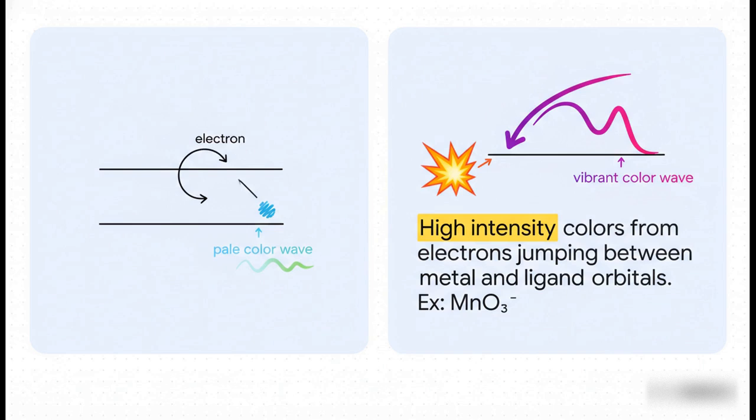But then there's charge transfer. This is a whole different ballgame. Here, an electron absorbs light and makes a massive leap, jumping from one of the surrounding molecules, a ligand, all the way onto the metal itself. This process absorbs light like crazy, and it's responsible for the super intense, vibrant colors you see in things like the permanganate ion, which is just this stunning deep purple.